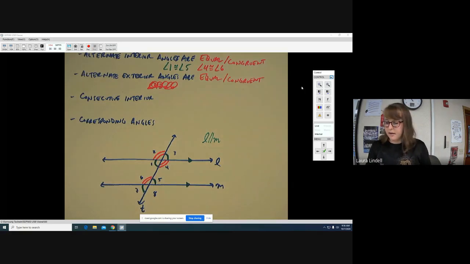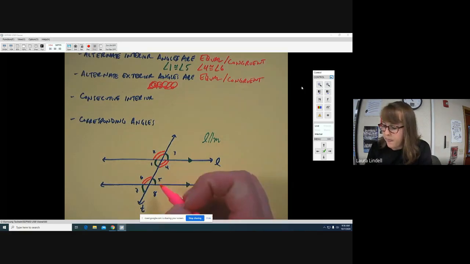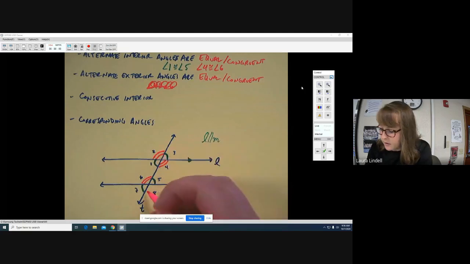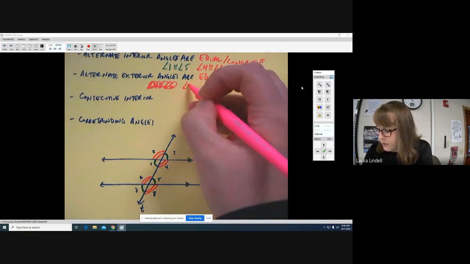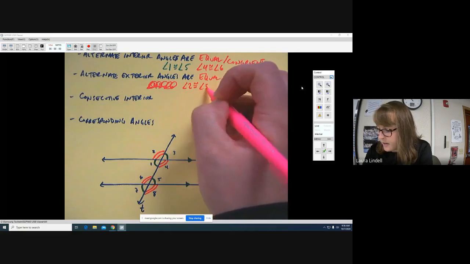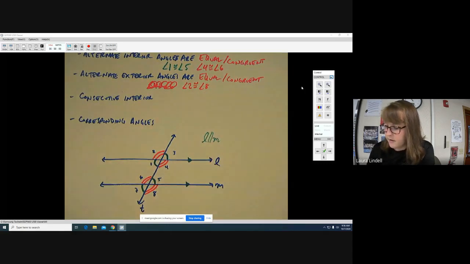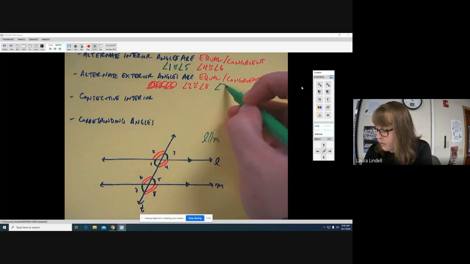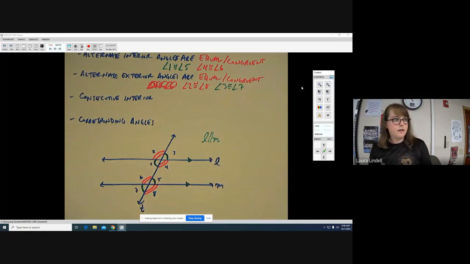And then angle 2 and angle 8 are also alternate exteriors. So we have angle 2 congruent to angle 8, and angle 3 congruent to angle 7, because of alternate exteriors. Okay.